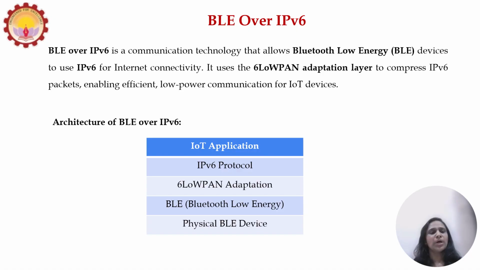When we talk about the architecture of BLE over IPv6, this is the layer diagram where the physical BLE device comes first, then BLE, then the 6LoWPAN adaptation, then the IPv6 protocol, and at the last the IoT application layer.